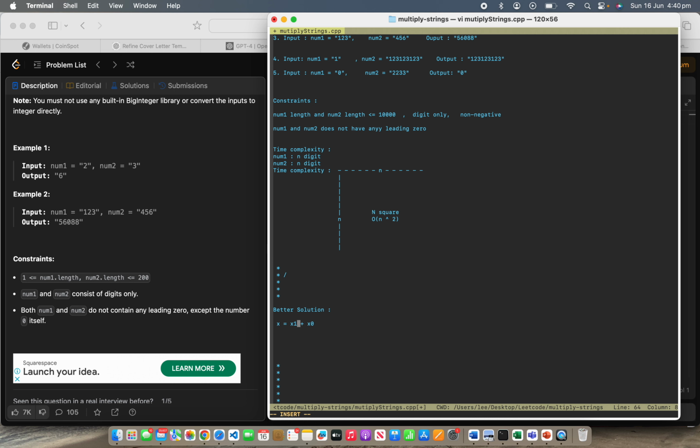So x1 we need to times a base to the power of n. The other number should be y1 times the base to the power of n, and then y0.